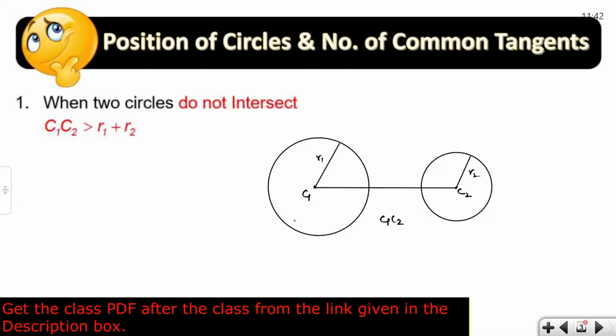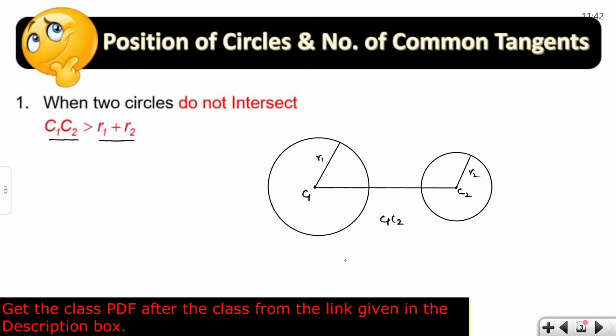Now if you find that C1C2, the distance between the two centers, is greater than r1 plus r2, then we will say that these circles are neither intersecting nor touching. Is it clear to all?